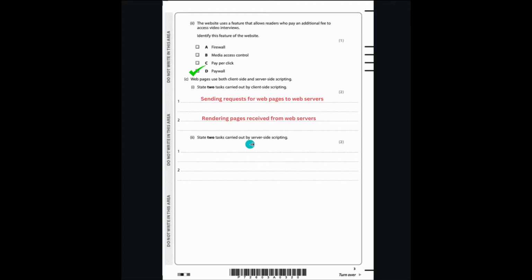Then state two tasks carried out by server-side scripting. So now we have to think about what task is done by server-side scripting. Number one is building a dynamic web page. Why?